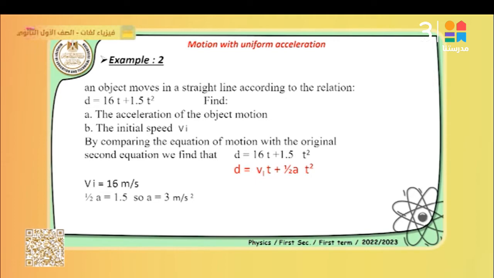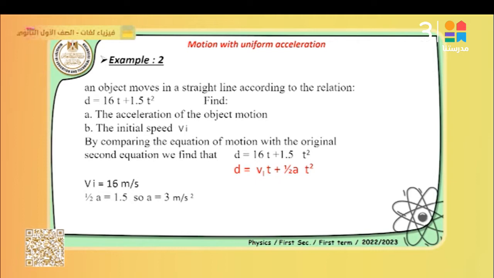طب لما أجي أقارنهم ببعض، أنا عندي الـ D بتاعت الأوبجكت بتequal 16t plus 1.5t squared. طيب وأنا الأوريجينال إيكويشن اللي موجودة عندي اللي هي الـ D equal V initial t plus half a t squared. طيب يبقى أنا فين هنا لما أعمل comparison ما بينهم هشوف الكومن فاكتورز، يبقى النمبر الموجود جنبها هو اللي expressed الفيزيكال كوانتيتي اللي هو عايزها. طيب 16t which is equal V initial t، هنا عندي t و t، يبقى الـ V initial هنا بتequal كام؟ 16 متر بير سكند. طيب 1.5t squared وفي الأوريجينال equation half a t squared.